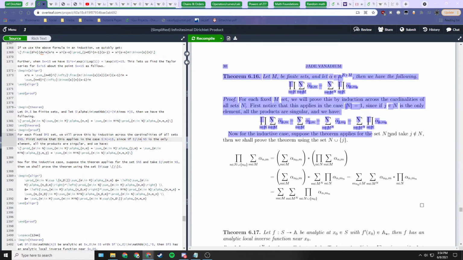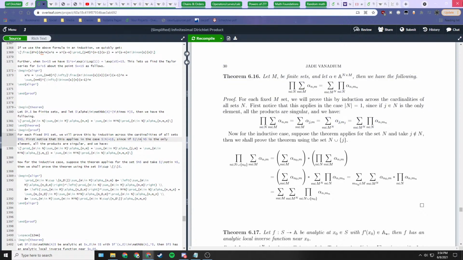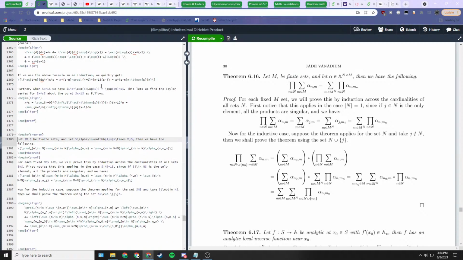So suppose it works for the set N. Here we just proved it for a singleton set, for example. Then we can take, actually maybe I'll say finite non-empty sets.